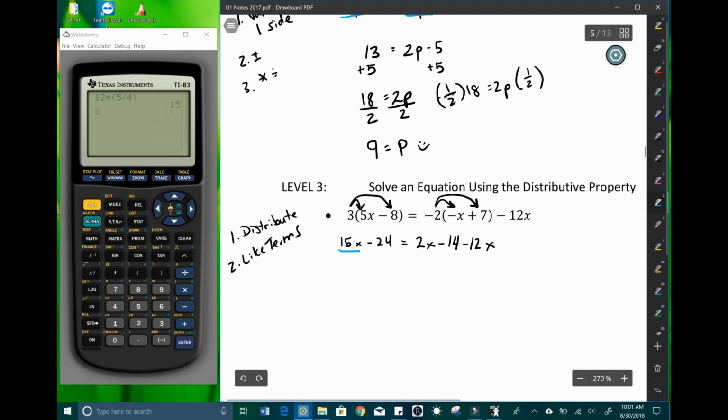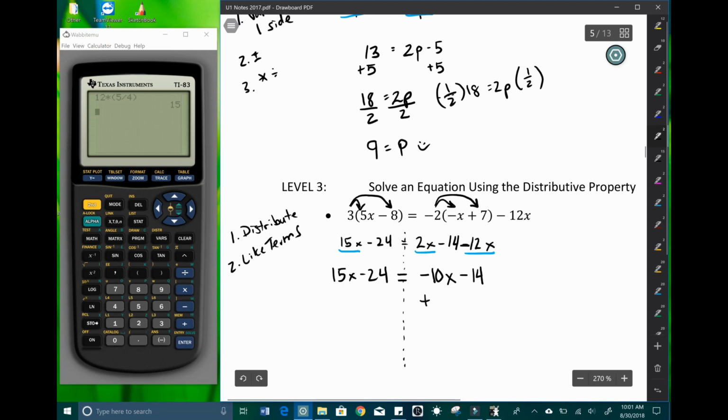So we have a 2x and a negative 12x on one side. So 2x and a negative 12x is negative 10x minus 14 equals 15x minus 24.